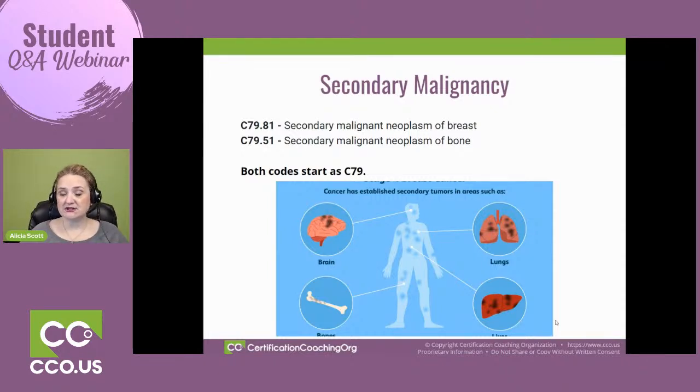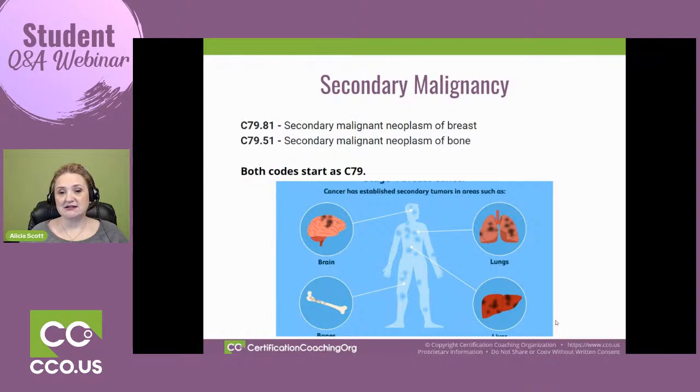So if you're interested or you're involved in risk adjustment, you want to make sure that every time a person has a secondary cancer, that it's coded out as secondary and not primary. And that error does occur from time to time. It's a missed opportunity because, again, the patient is sicker and needs more care if the cancer has already metastasized.